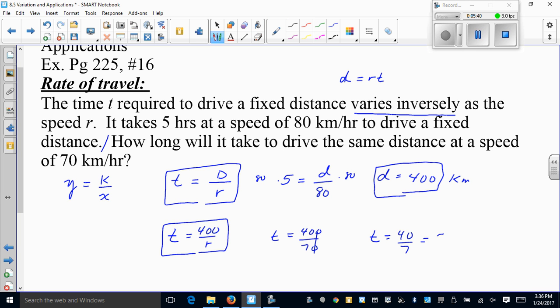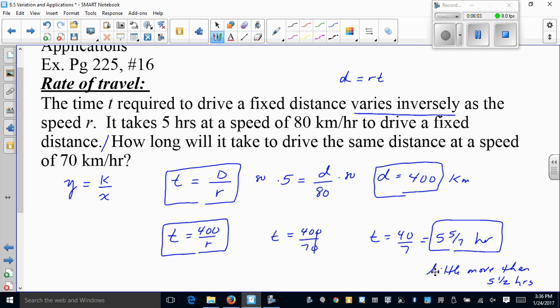It is 5 and 5/7 of an hour. So we can claim it to be a little more than 5.5 hours. But this would be the correct answer.